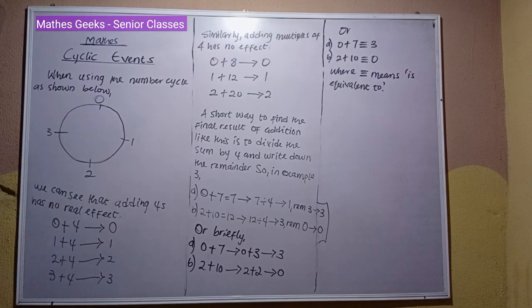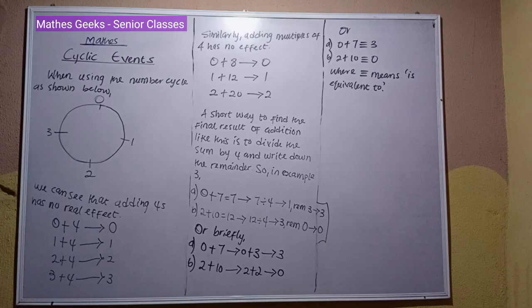When using the number circle as shown below, we can see that adding 4s has no real effect. This part is our last example. We use the number circle and number code.